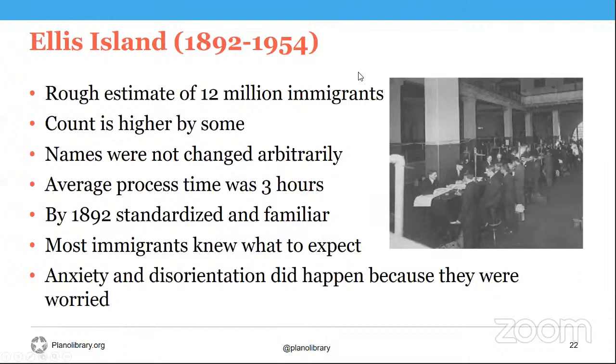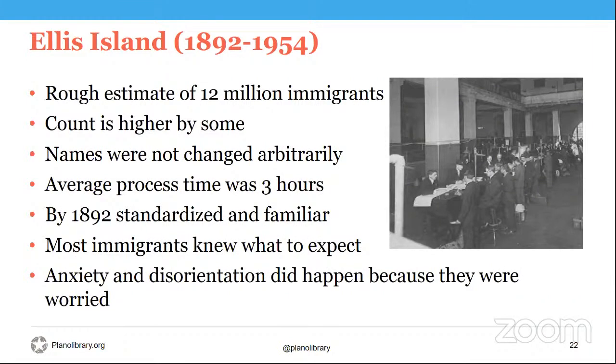Ellis Island. I find this is one that everybody believes or thinks that everybody came in at Ellis Island. Some of the things to remember is the time period that Ellis Island was open was 1892 to 1954.